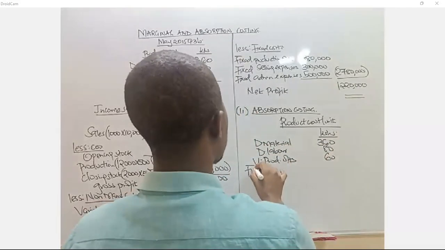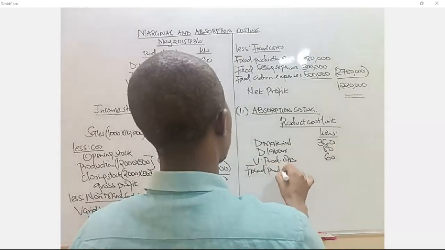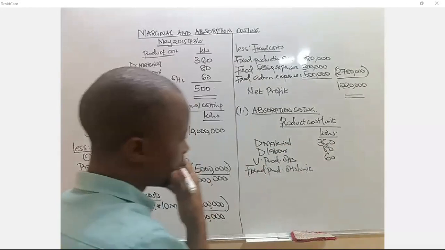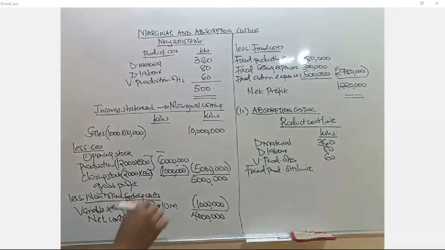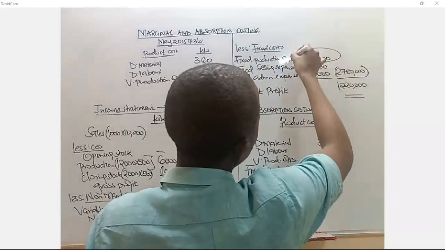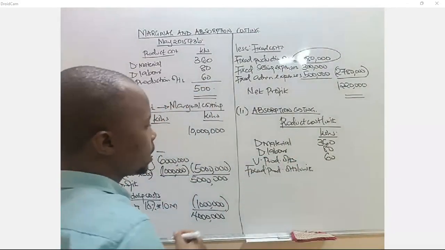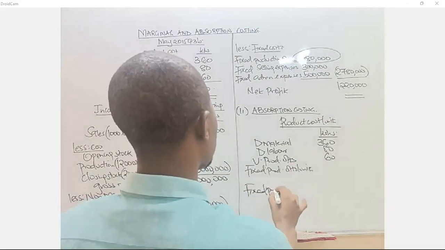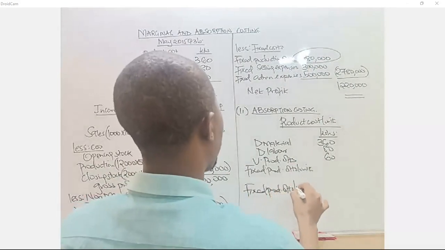Then we have the fixed production overheads, and it should be per unit. But what I can see, examiner has given you the fixed production overheads as 1,980,000. How am I going to get the fixed production overheads per unit?